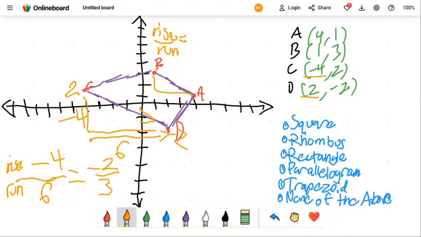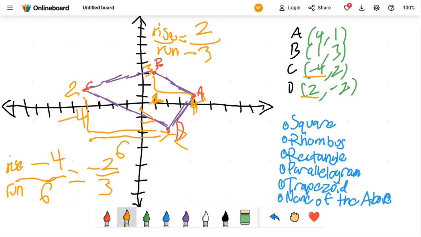From B to A, the run goes from 1 to 4. Since we're going from B to A, we subtract 1 minus 4, which is -3.